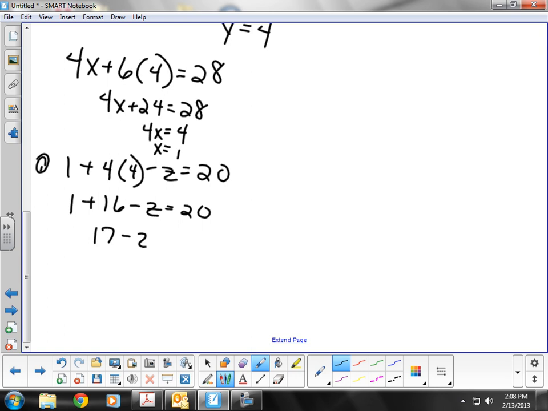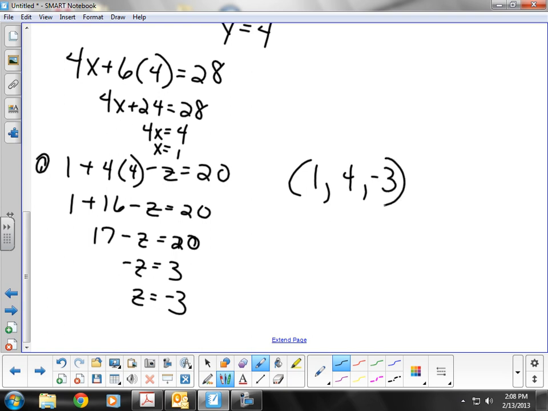So 17 minus z is equal to 20. So negative z is equal to +3, and z is equal to -3. So my ordered triple is the point 1, 4, -3. Nothing hard about this process. It's just fairly long. Okay?